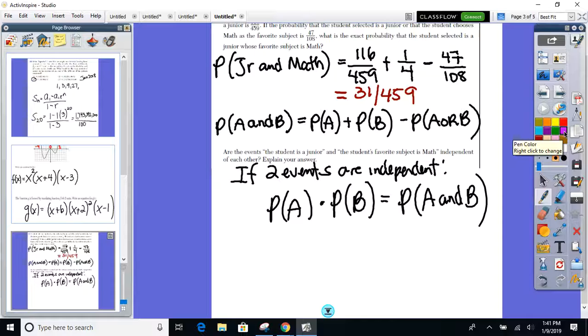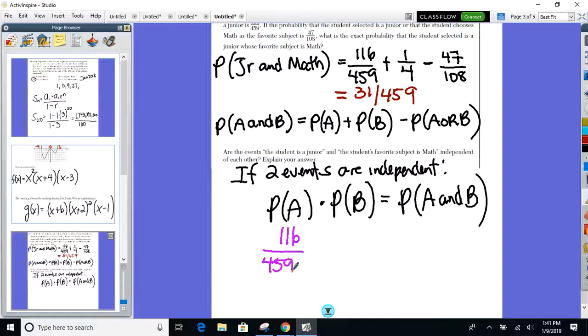All right, so here you go. Help me out. Student is a junior. What's that probability? 116 over 459 times student's favorite subject is math. What's that probability? 1/4. Is that equal to they're a junior and they like math? Didn't we just find that one? 31 out of 459. So we have to determine, are those two equal or not? Check the decimals, check the fractions right now, everyone. 116 out of 459 times a fourth.